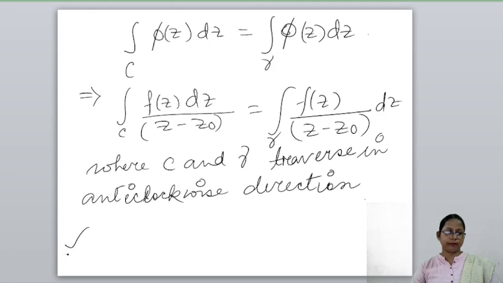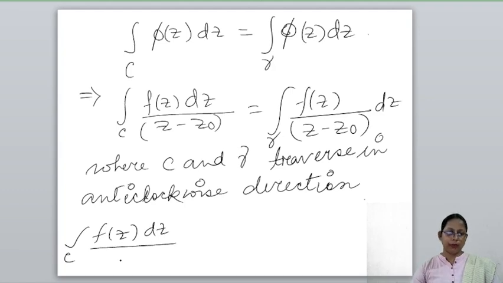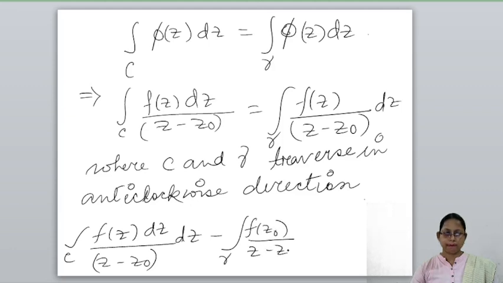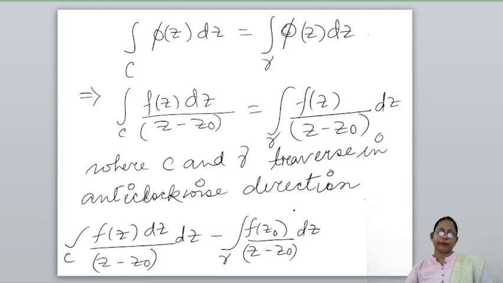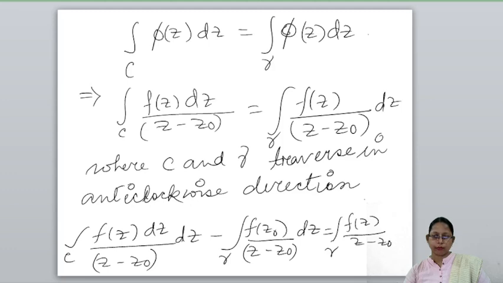Next, from both sides of the integral I am subtracting a quantity, so it will remain the same.